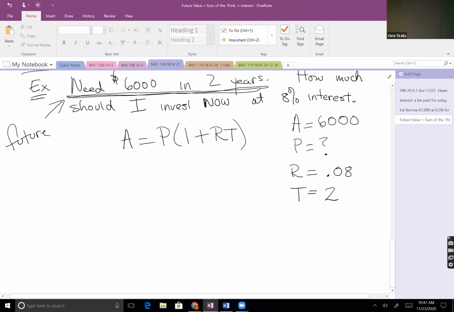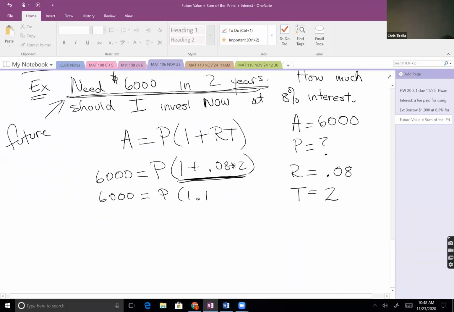Now this one, I think, is going to be a little bit different than the preceding one, because when I substitute, A is 6,000, P I don't know, and in the parentheses, I would have 1 plus 0.08 times 2. And there are no letters in the parentheses, so we can simplify what's in the parentheses to get P times 1.16.